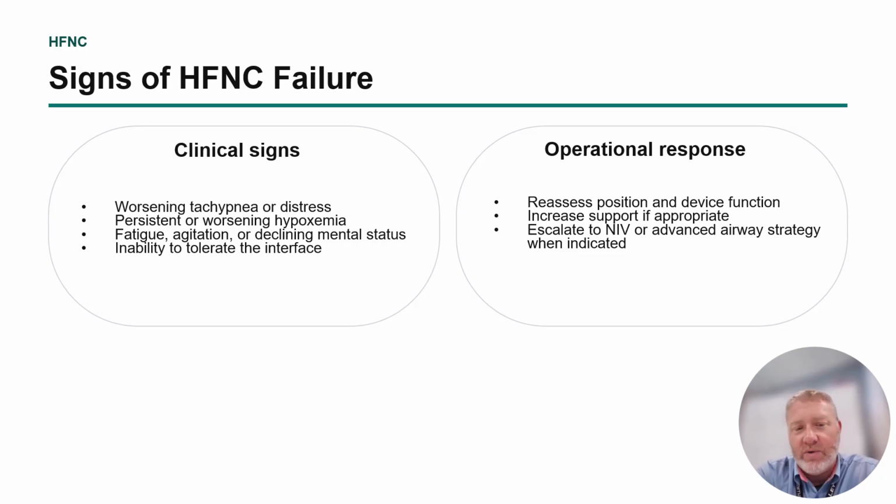If the patient gets more fatigued or agitated or confused, or if they simply can't tolerate having something in their nose. What you should do in these cases: reassess the position of the prongs, make sure the device is working properly, increase the support if necessary, and then know when to either escalate or de-escalate care.